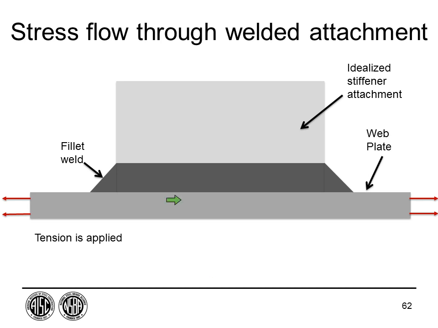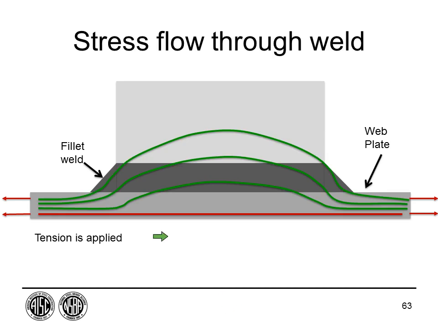Maybe I have a plate with some stress applied in the direction I'm moving my arrow, and I have an attachment just welded on, maybe with just fillet welds. As I apply stress, although I don't design any of the stress, or I don't do anything to ensure the stress gets into the attachment, the stress doesn't know that.